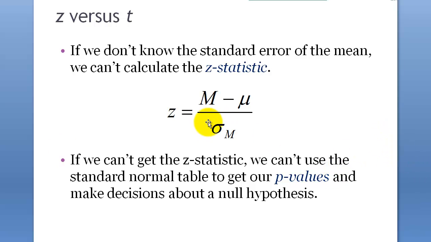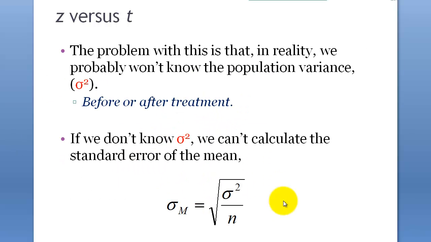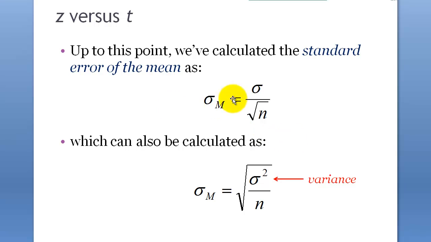See, the sigma sub m, the standard error, this is how you get it. Actually the way we did it was not like that. Okay, it's more like here. Standard deviation divided by the square root of the sample size.